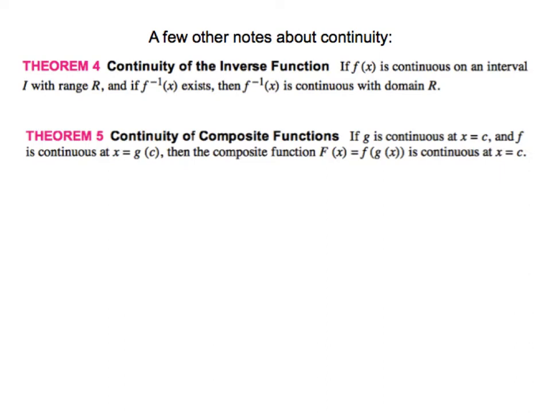Continuity of composite functions: if g is continuous at x equals c, and f is continuous at g of c, then the composite, big F of x, which is the same as f of g, is continuous at c. So reread through those, make sure you're understanding them. We're taking all of the rules that we've already previously established in Algebra 2 and pre-calculus, and naming these to be continuous functions given these restrictions.